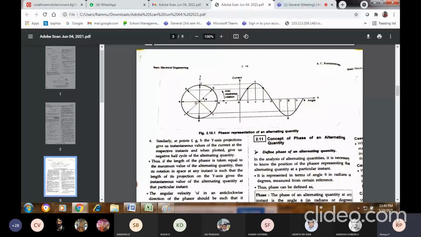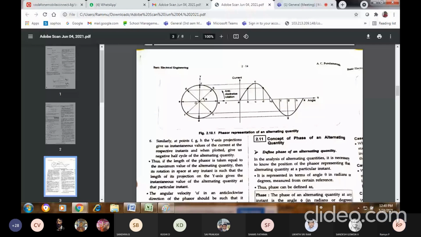Now at time t equals 0, when theta equals 0, it is exactly at the origin. Instead of taking it in terms of theta or time period, I have indicated some alphabets A, B, C, D, which are different instances in your sine wave.